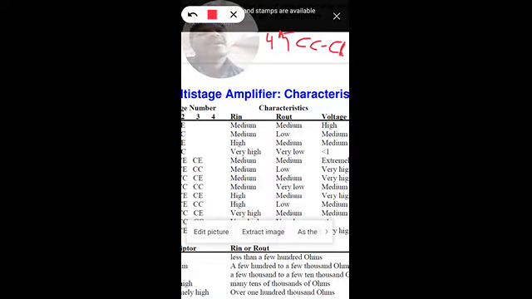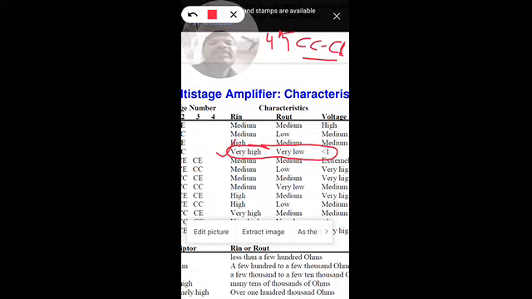For common collector, the input impedance is very high. So the input impedance of the first CC stage and the second CC stage is very high.